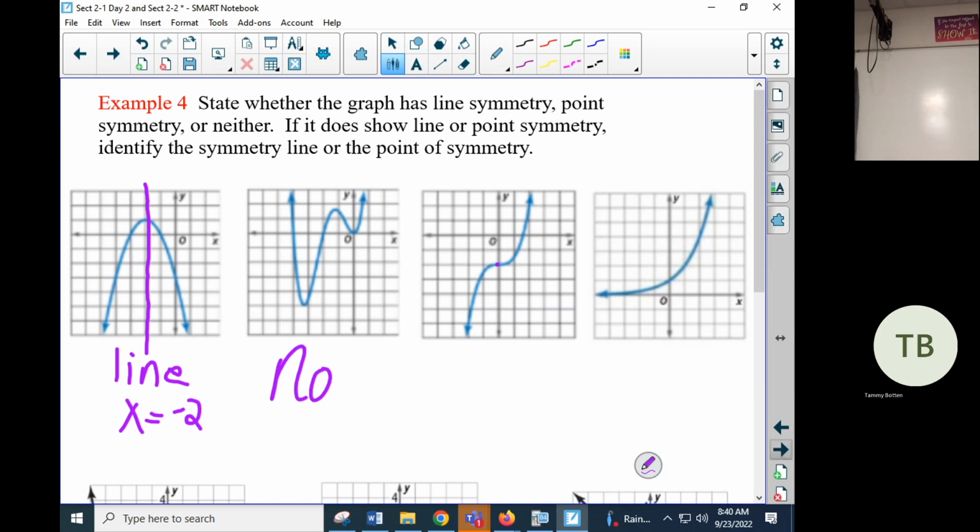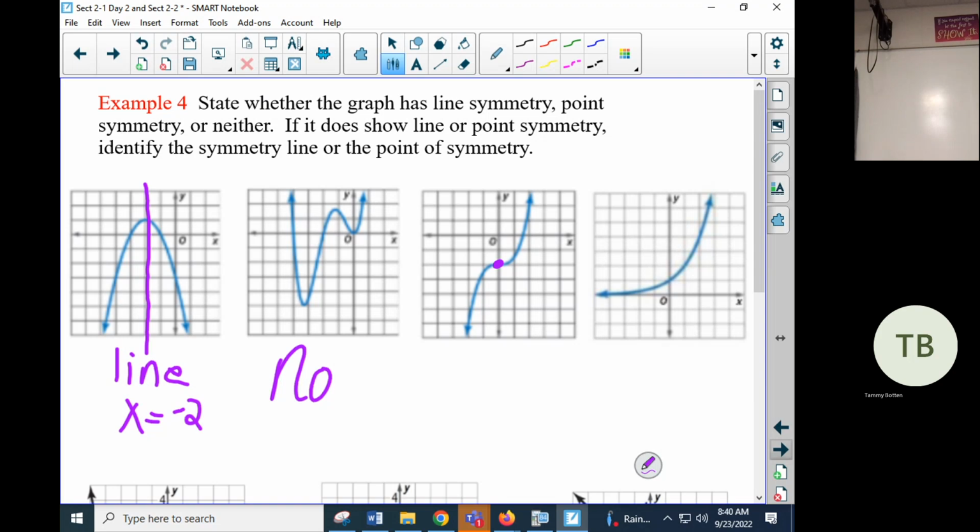But if I take this point right there, and I turn this upside down, if you can envision this moving, would this move up onto that? Yes. Would this move down onto that? Another way you can check this point, is it the same distance from that to that?